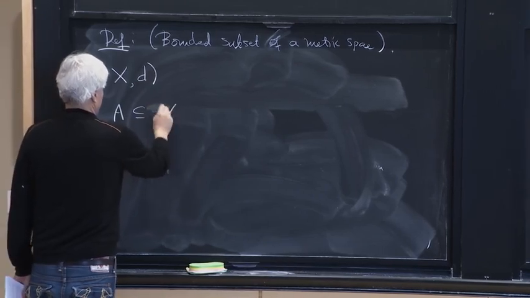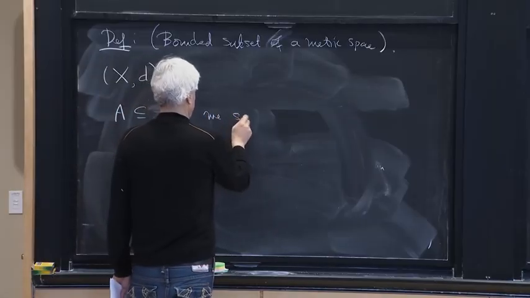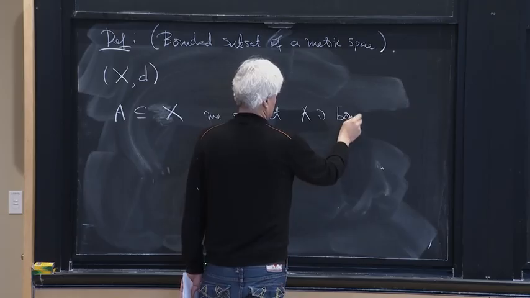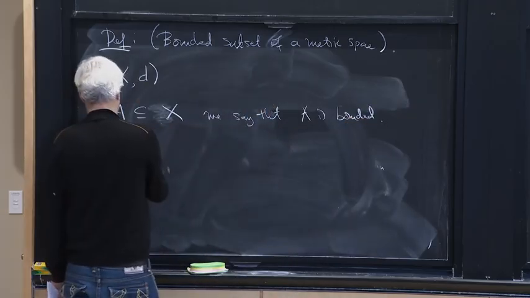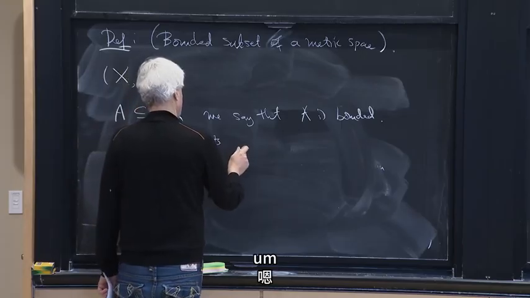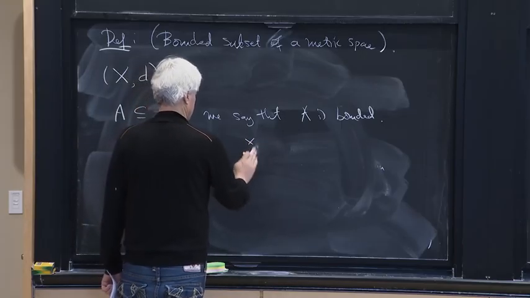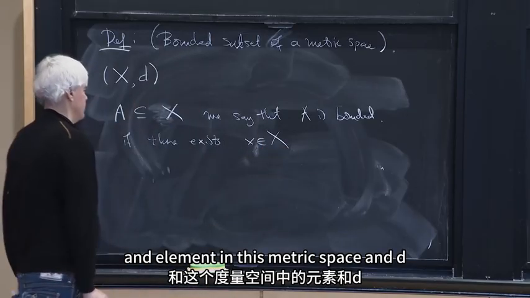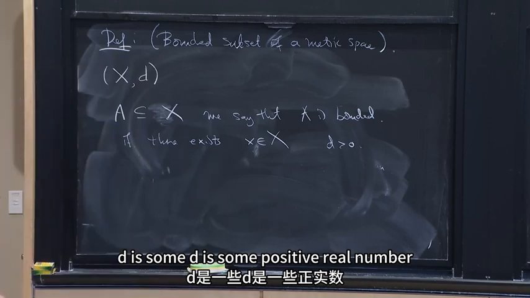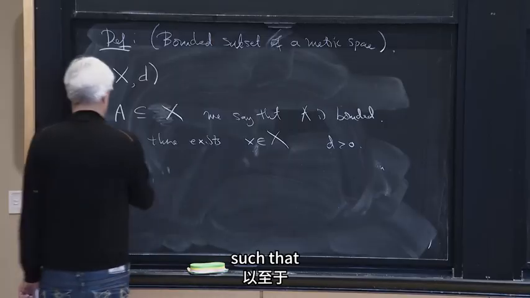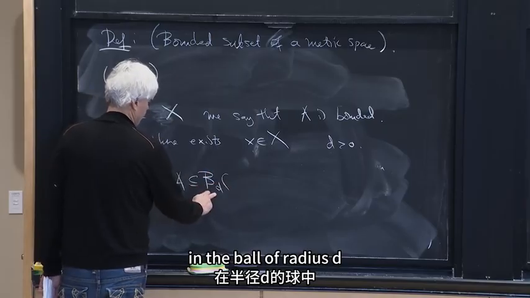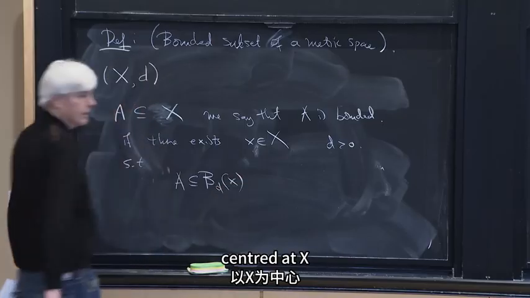We say that A is bounded if there exist X, an element of this metric space, and D, some positive real number, such that A is contained in the ball of radius D centered at X.